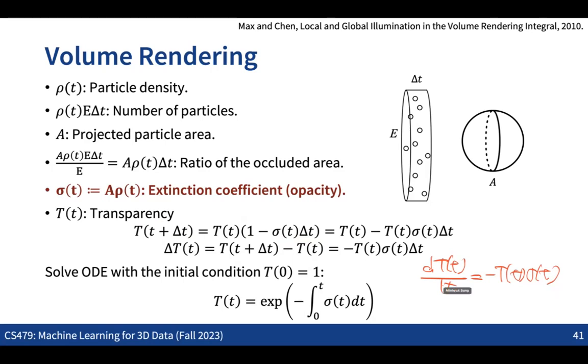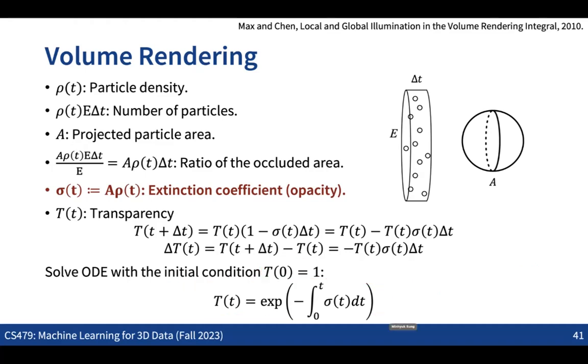In this equation we involve the function of the transparency, and also its first derivative, right? So this is the ODE formulation. If you take some other math courses to solve this ODE, you can see the solution of this ODE with the initial constraint that T0 is 1 gives this formulation, right?